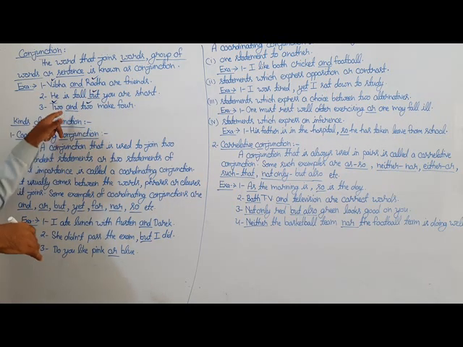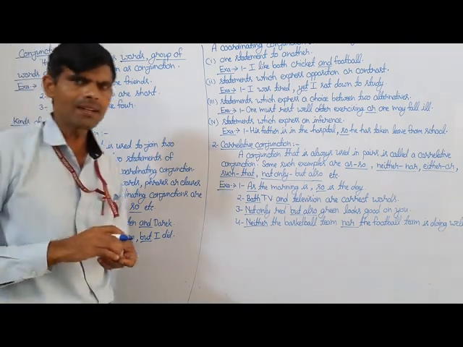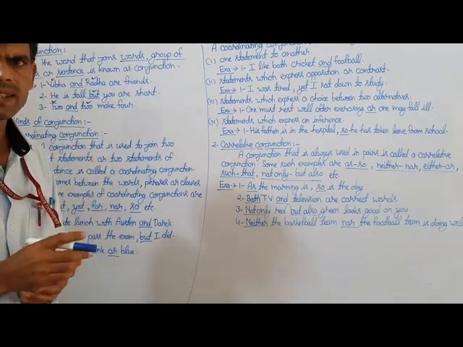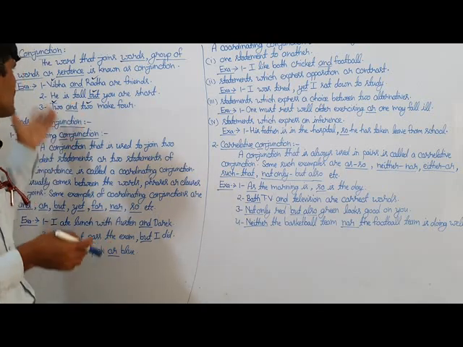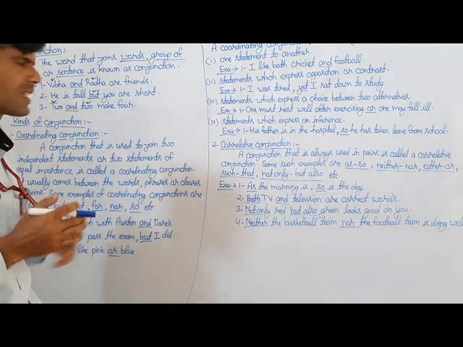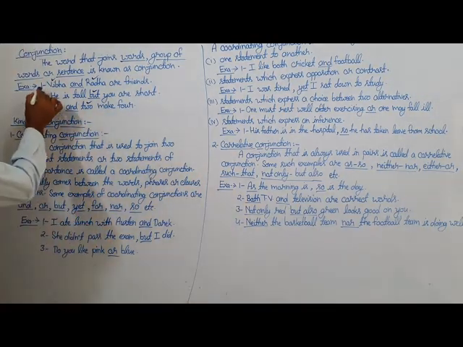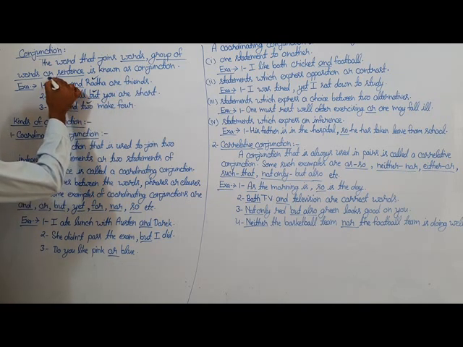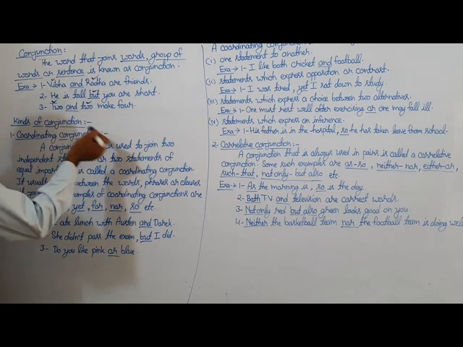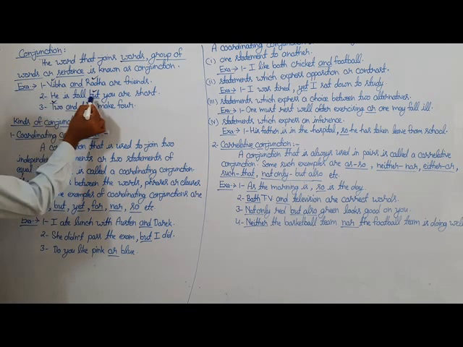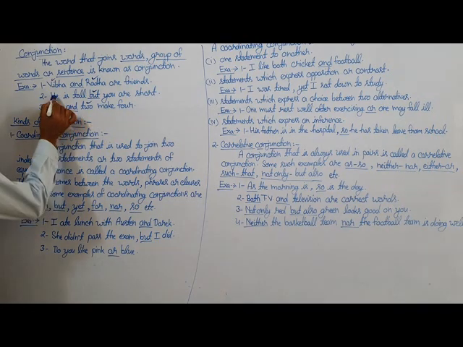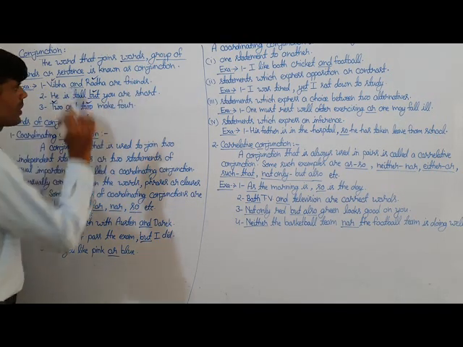So students, we can say that a word which joins two words, sentences, clauses or group of words with each other is called conjunction. In the first sentence, "and" is the conjunction because it is used to join two words, Vibha and Radha. In the second sentence, the underlined word "but" is a conjunction because it is used to join two sentences, he is tall and you are short.